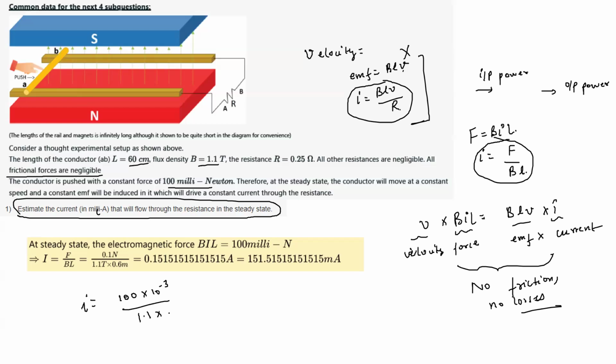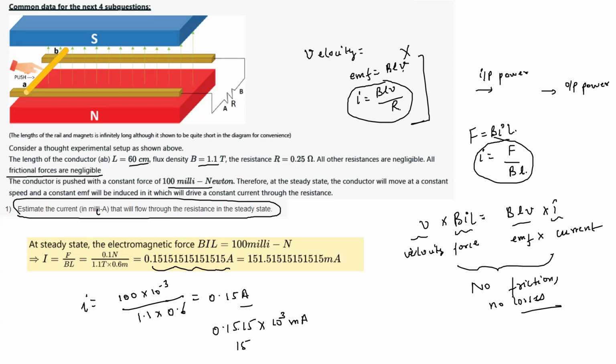So force by B into L. Now L is in meter. As I said, we have to enter SI units. So if you solve this, you will get in SI units 0.15 ampere. But they're asking in milliamperes, so you have to multiply by 10 power 3 milliamperes.